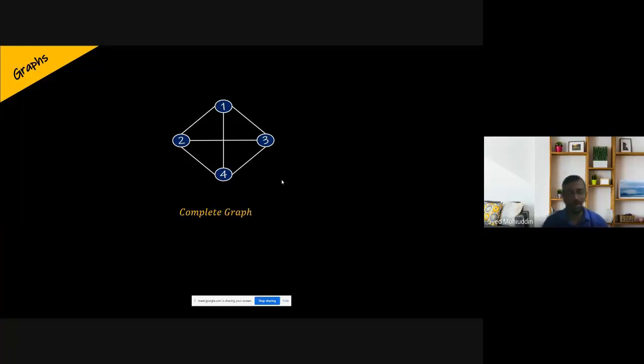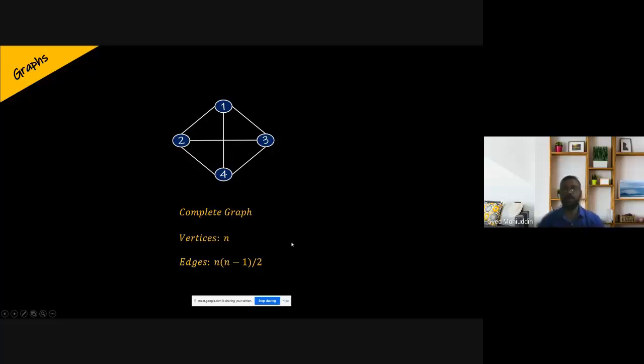Now, mathematically, a graph which has n vertices and also has n into n minus 1 by 2 edges is known as a complete graph.